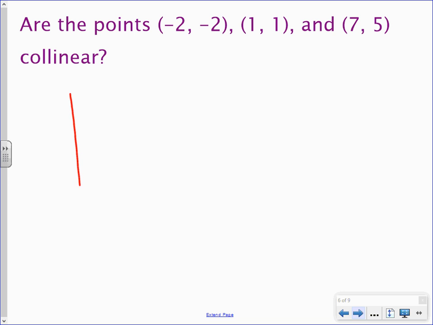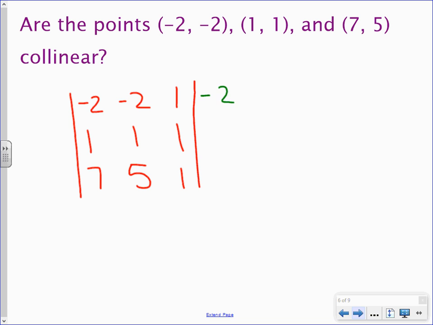Okay? So you're going to make a 3 by 3 matrix of x, y, 1, x, y, 1, x, y, 1. And go ahead and find the determinant here.